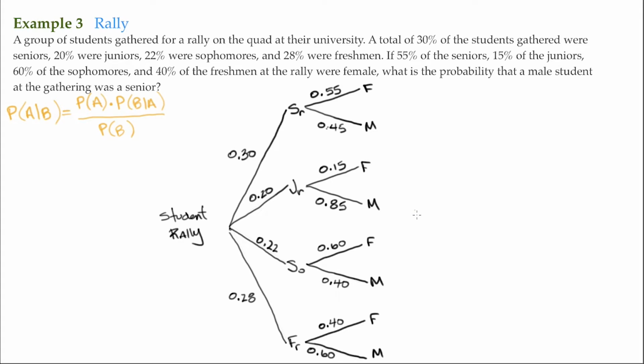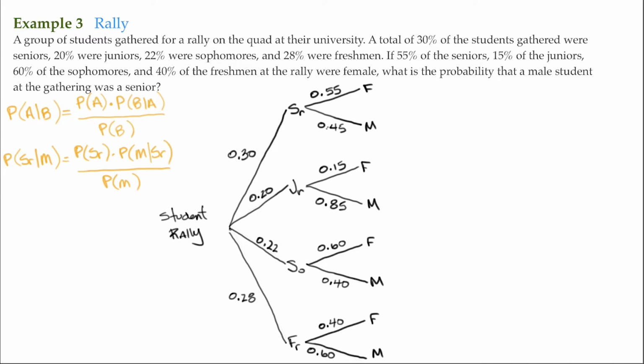So we have to be able to determine all the males. So this is going to be the probability of a senior given that they're male. That's going to be the probability that they're a senior times the probability that they're a male given that they're a senior divided by the probability that they're male.